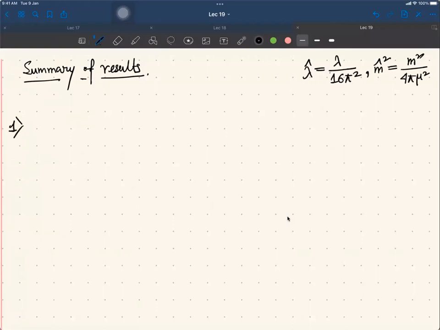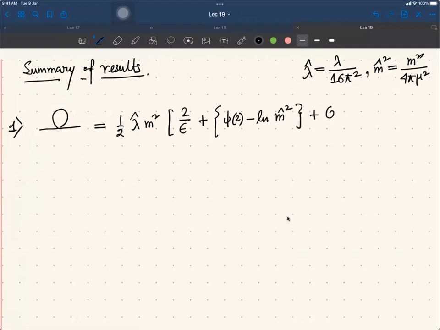So the first result is the 2-point tadpole, that is given by half λ hat m square times 2 over epsilon plus an order 1 term which is ψ2 minus log m hat square, then order epsilon.